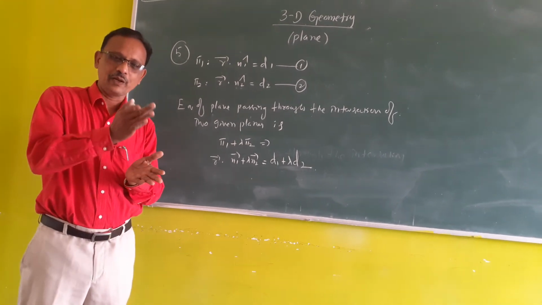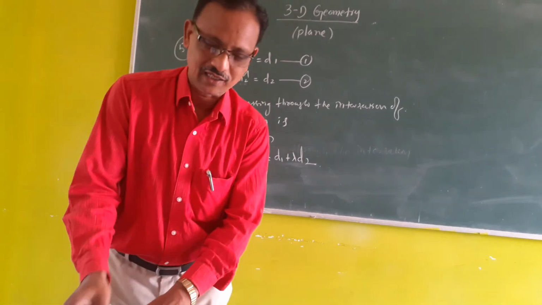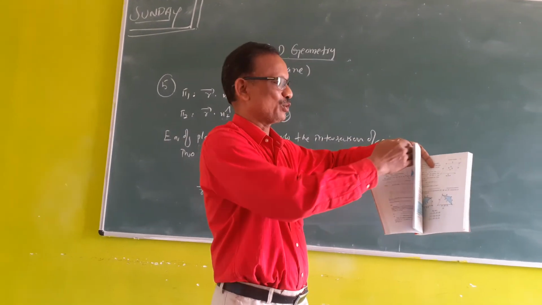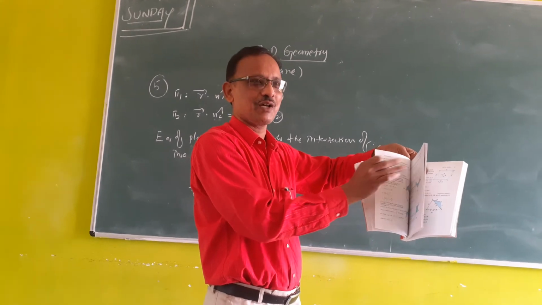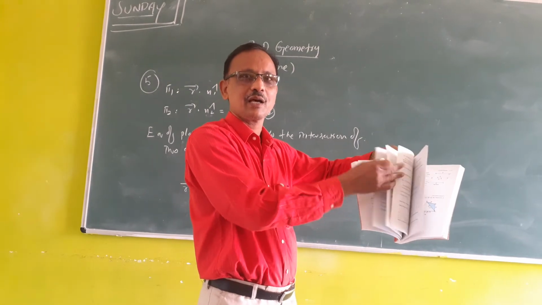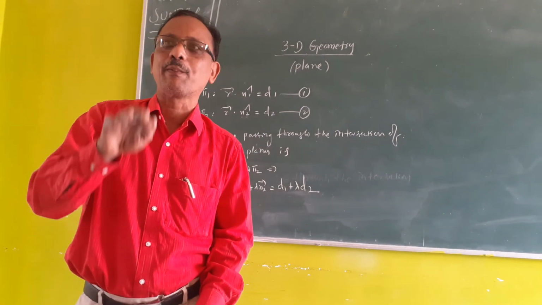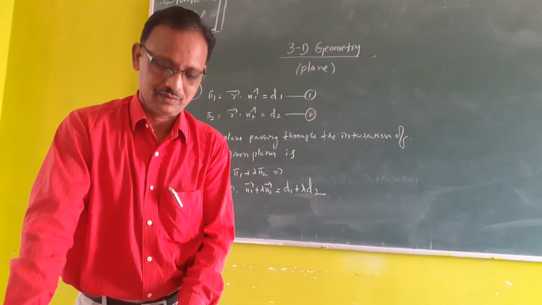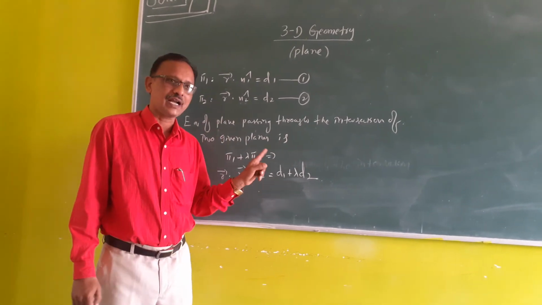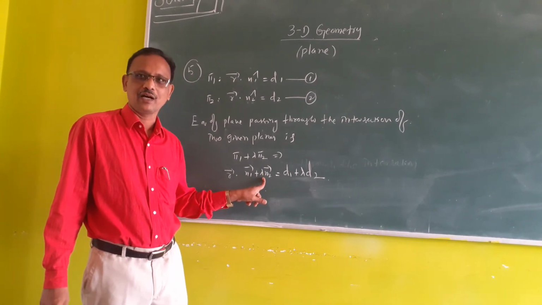But through the intersection of two planes, many planes will pass. See, this is one plane, this is another plane, this is another plane, and this is another plane. There are many planes. To find a particular plane, one condition must be given. By using that condition, we can find lambda.